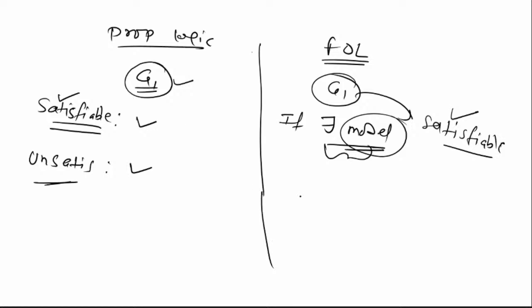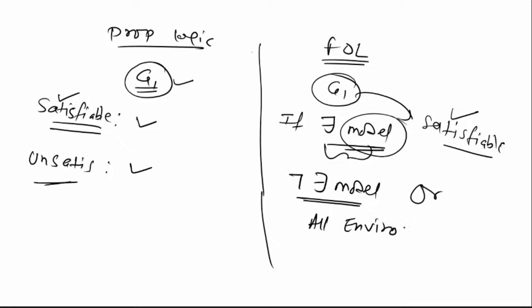Now in first order logic, what is the definition of unsatisfiable? The definition is basically if there does not exist any model. I can say there does not exist a model, or you can say all environments are co-models.